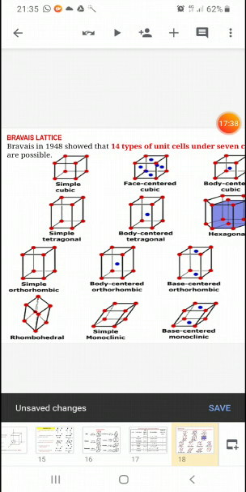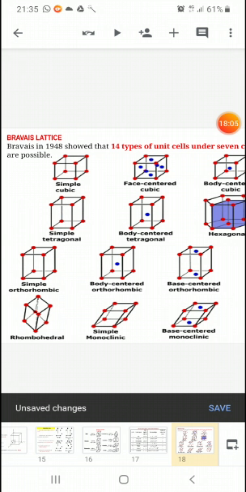Face centered orthorhombic also belongs to this system in which alpha equals beta equals gamma equals 90 degree, and cementite is the example of this crystal structure. Side centered orthorhombic crystal structure is observed in this system.